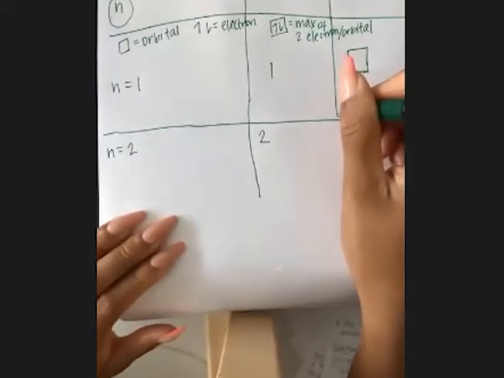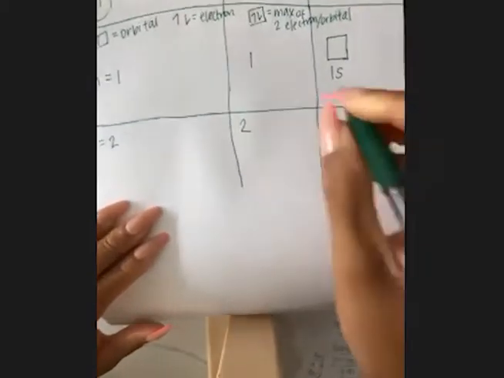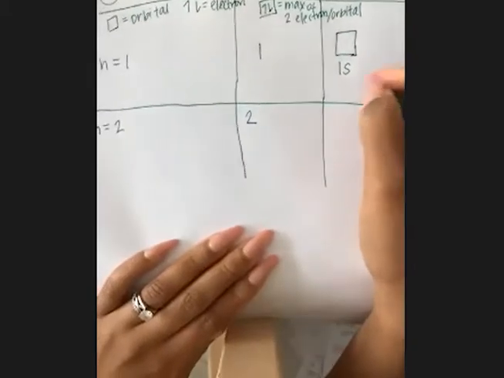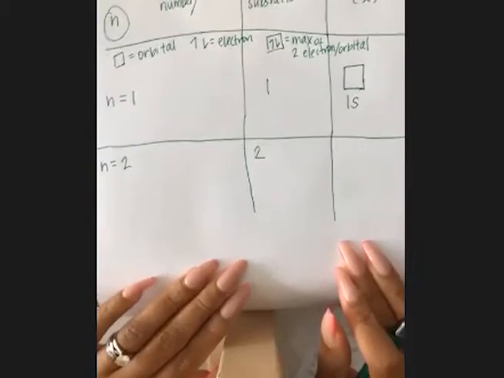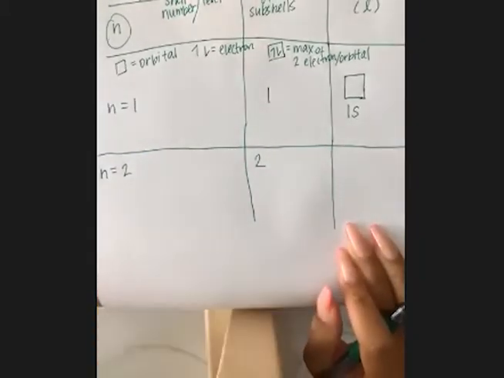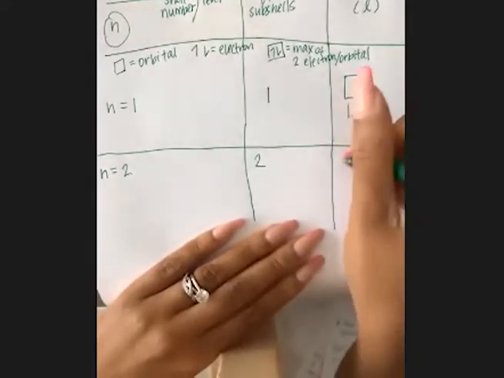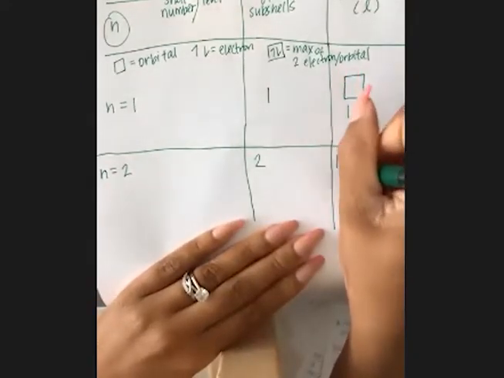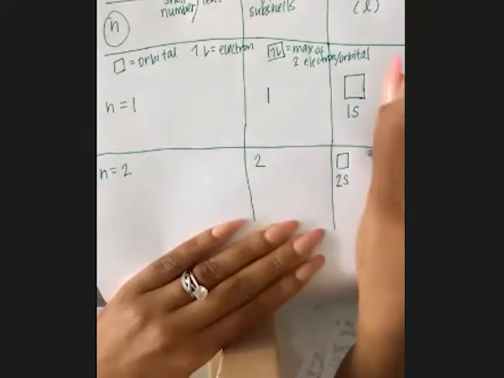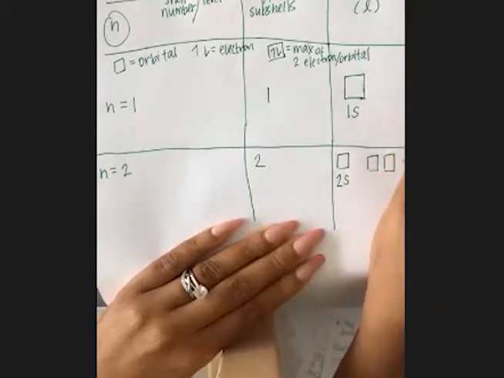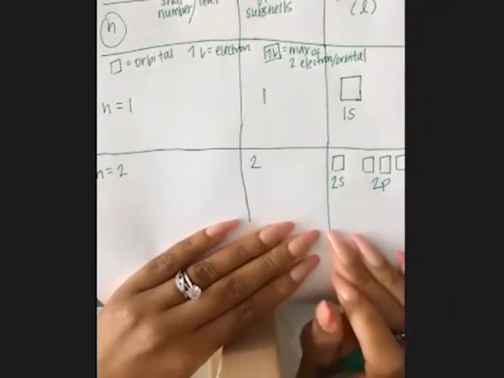The 2 different subshells they could have are the S and the P. We would say one of the orbitals is called the 2s because it's energy level 2, and the other orbitals are called the 2p. Remember, when you talk about the p orbitals, there's always 3 of them.